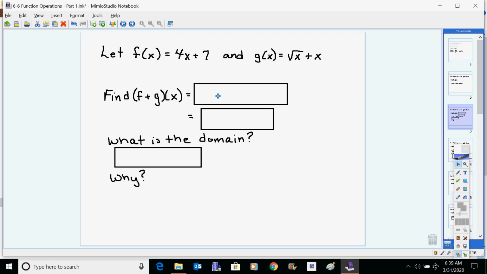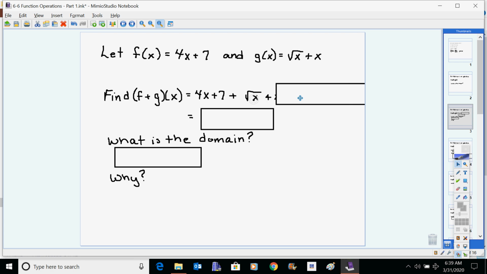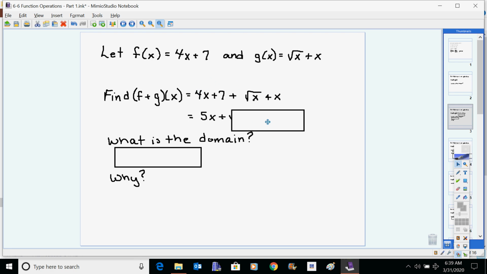You're taking your f of x function and you're adding it to your g of x function. This is a plus. So when we put them together, you really are looking for like terms like you've always done. 4 and 1 make 5, so 5x plus square root 7 plus 7. You can't put a square root with something that doesn't have a square root, and you can't put an individual number with something with an individual number.